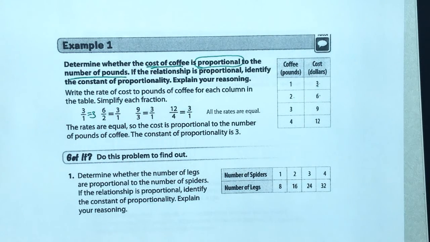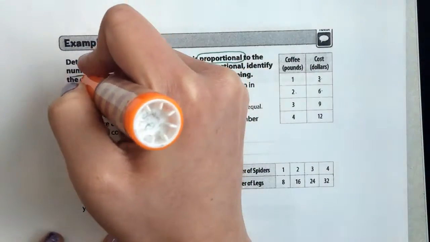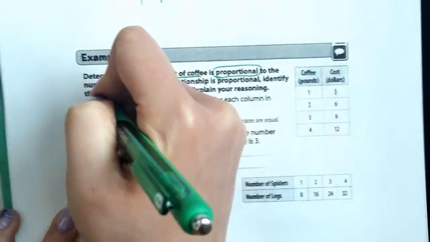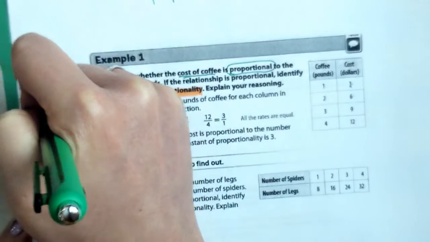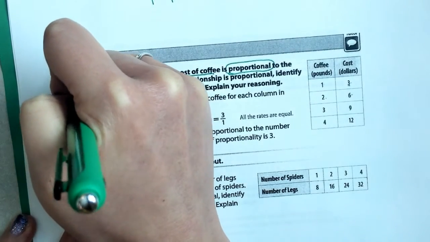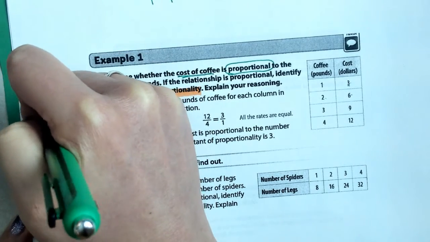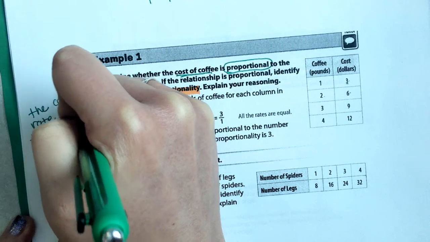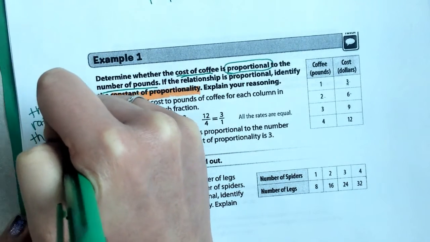Then it talks about this part, identify the constant of proportionality. Well, the constant of proportionality is just the constant rate that made it proportional.